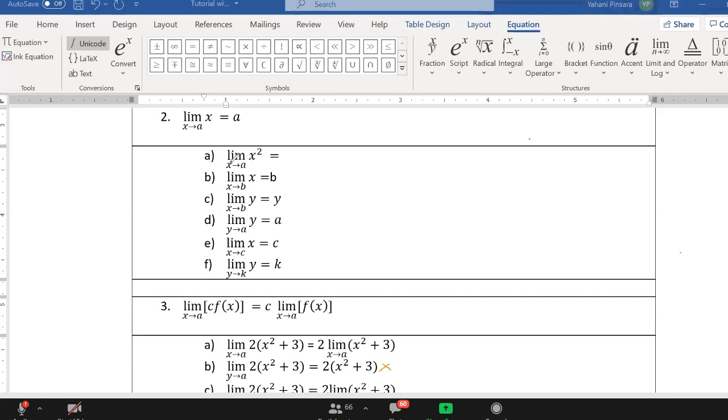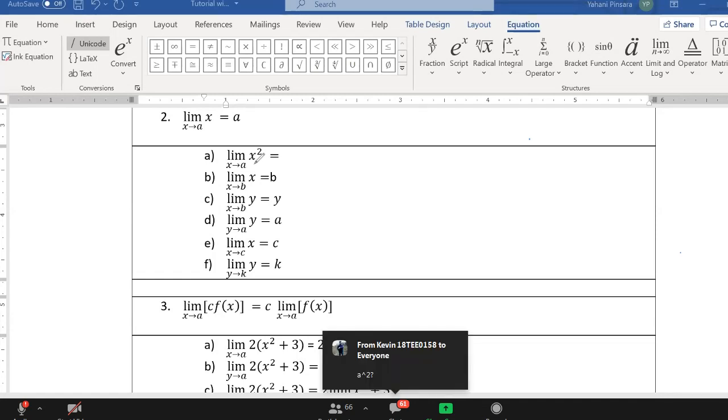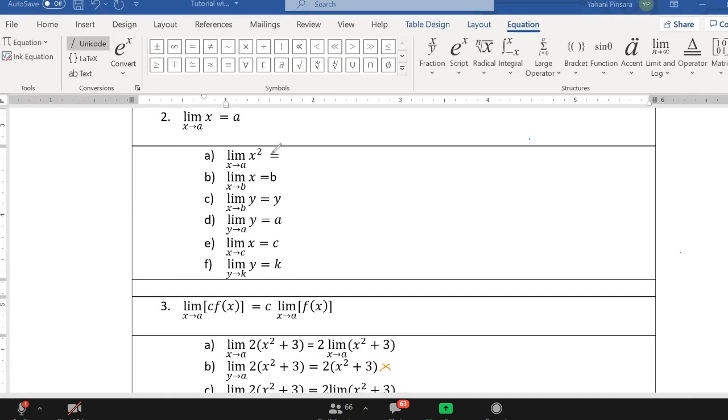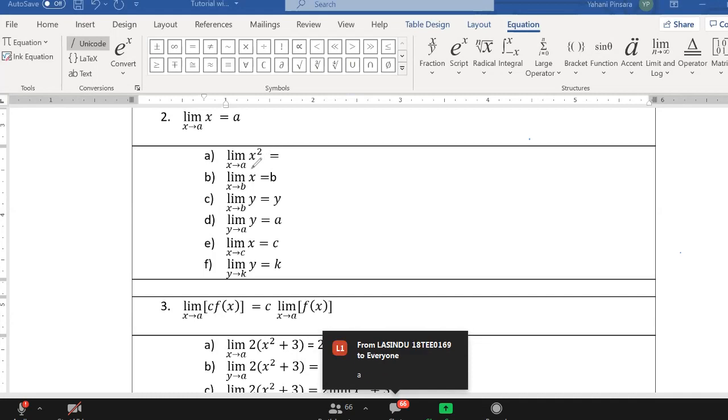Limit of x to the power 2 when x approaches a. So I need your answers. No, a to the power 2 is not the answer, because I think all of you are seeing that x to the power 2 is not the answer. a is also not the answer. 0 is not the answer as well.